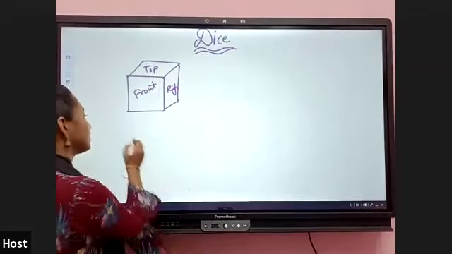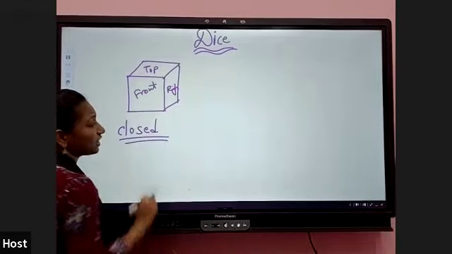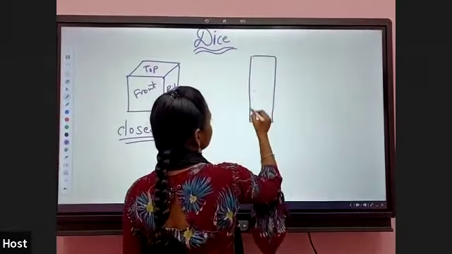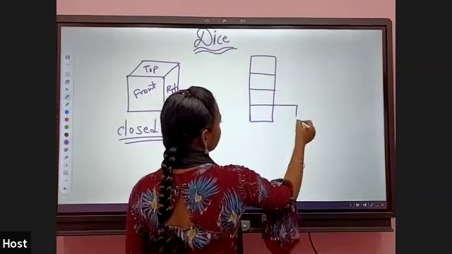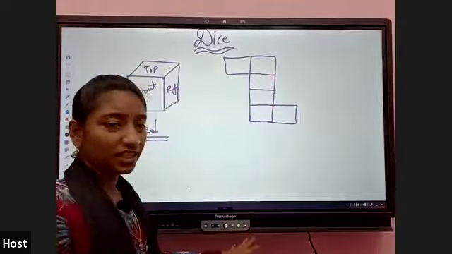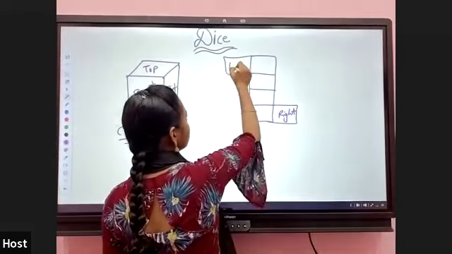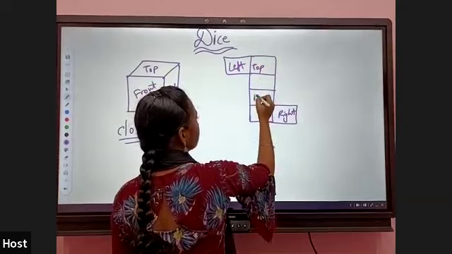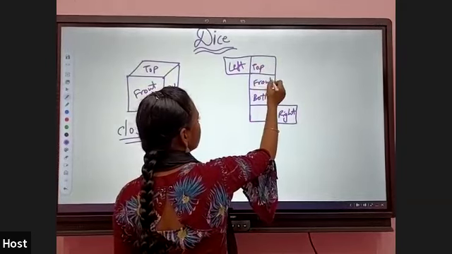In dice, there are 2 models: closed dice and open dice. Here, this is an open dice: right, left, top, bottom, front, back.